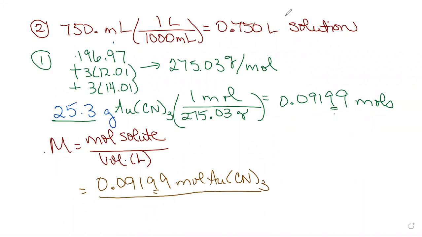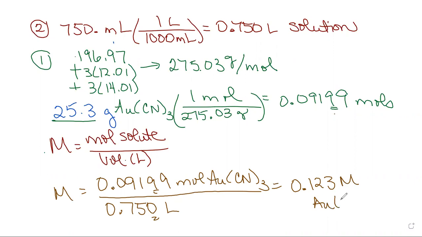It's 0.750 liters. Okay, so that gives us a 0.123 molar gold 3 cyanide solution. That's 3 sig figs.